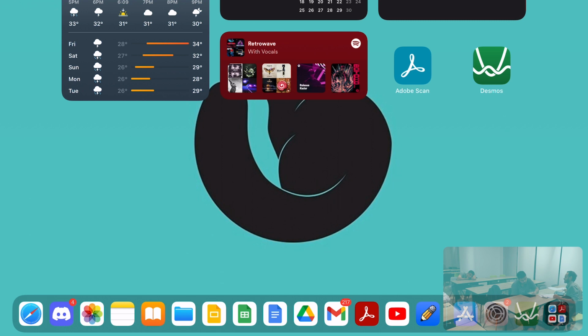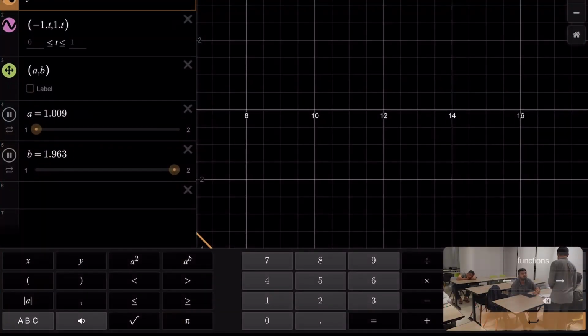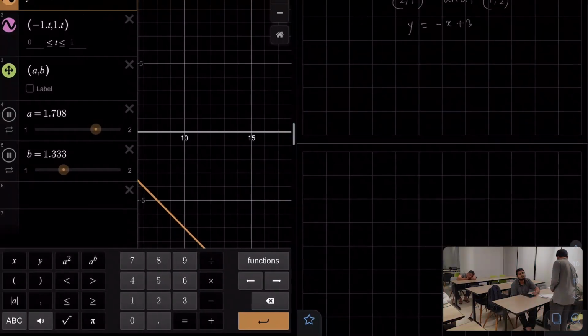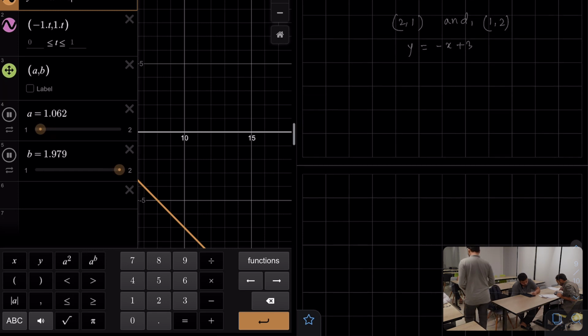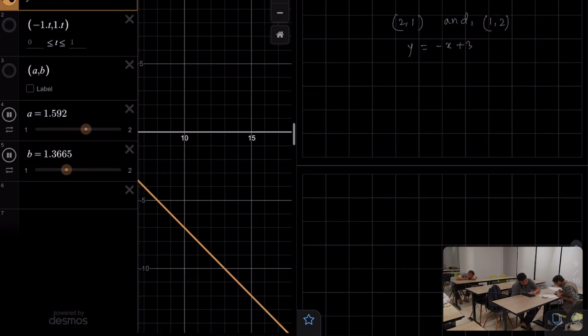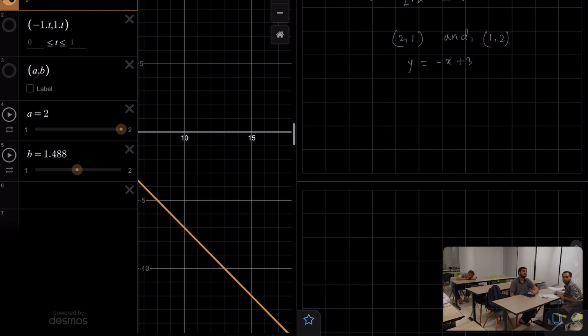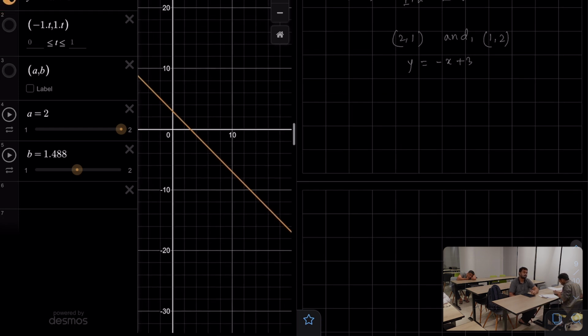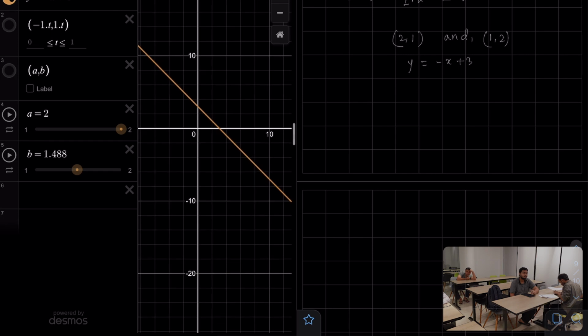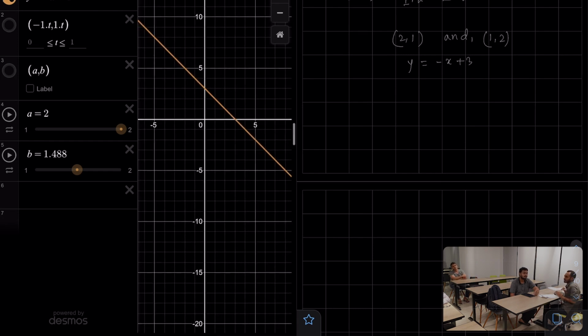Do you want it on split screen? Yeah, split. Thank you. So what I'm considering is this, the equation of this line, right?